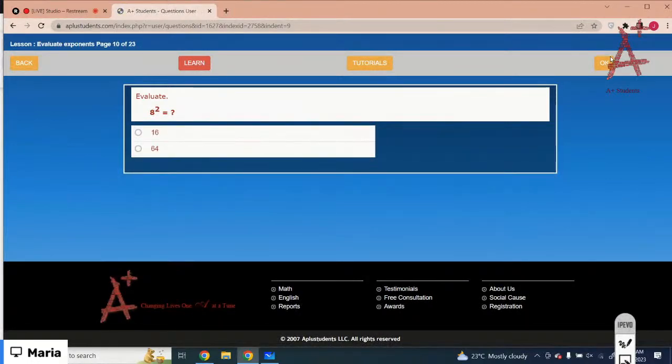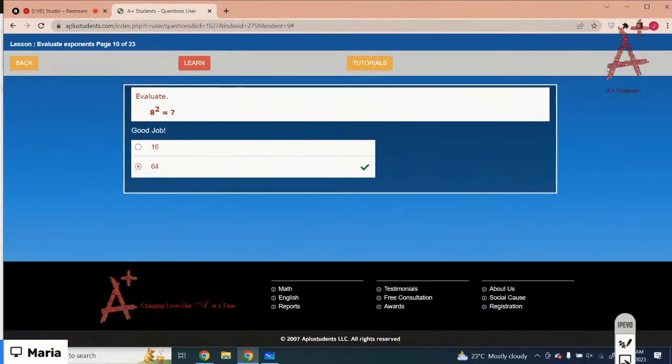Okay, 8 square equals 64. Okay, the next one is 10 square.